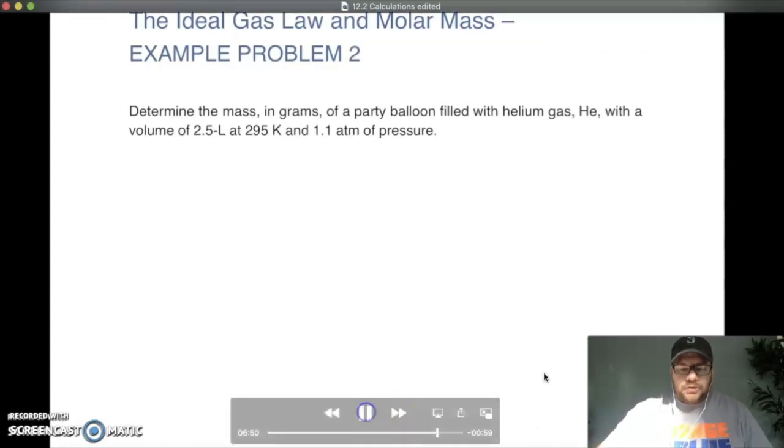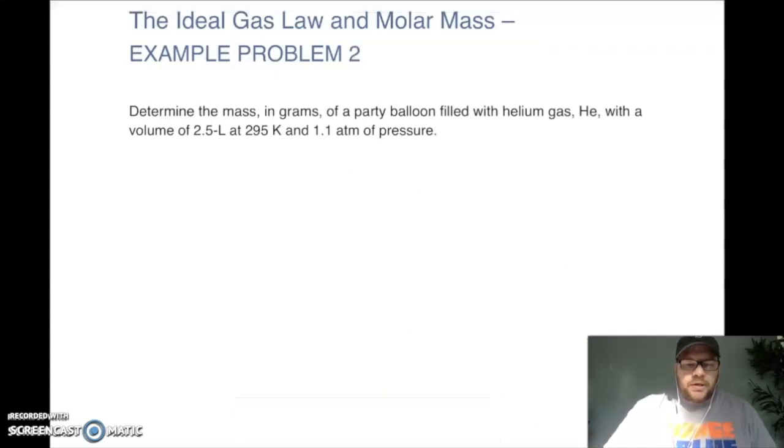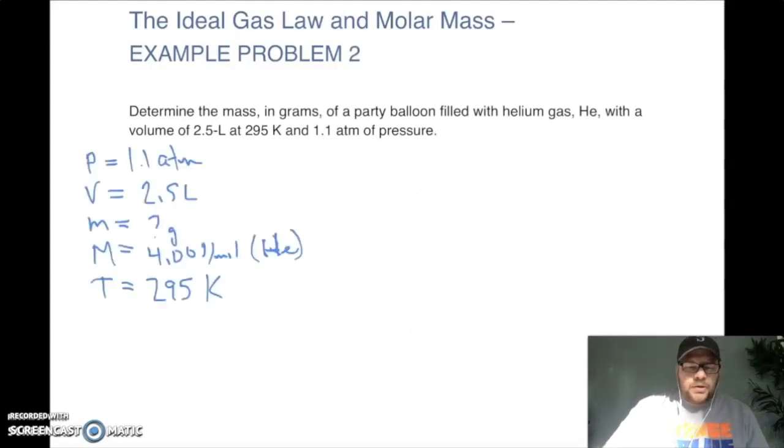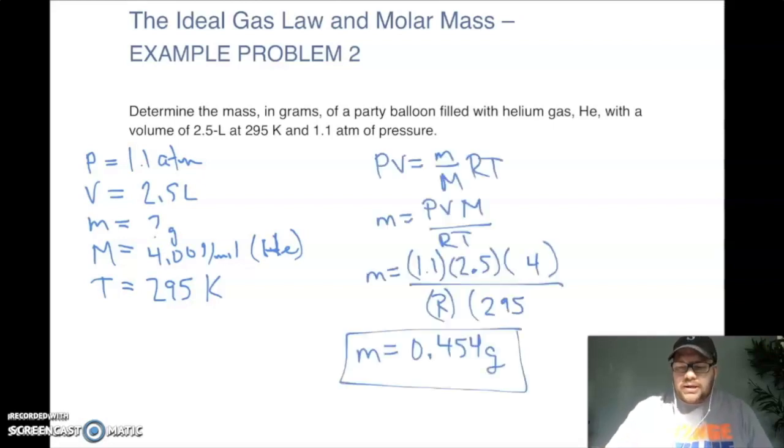Not sure if that's running, so there we go. All right, so we have to determine the mass in grams of a party balloon. Here is our given information. We're going to use PV equals nRT, our ideal gas law, but we're going to substitute mass over molar mass for our moles so that we can isolate the mass.